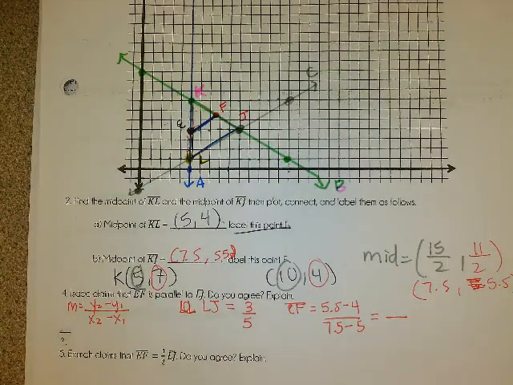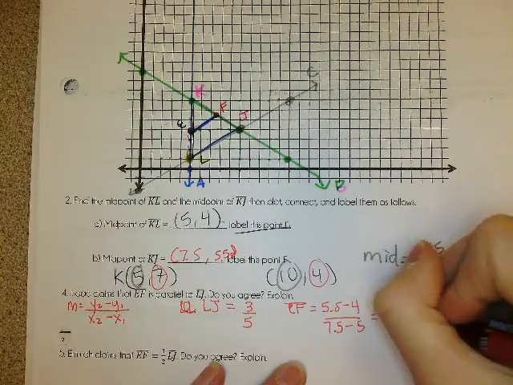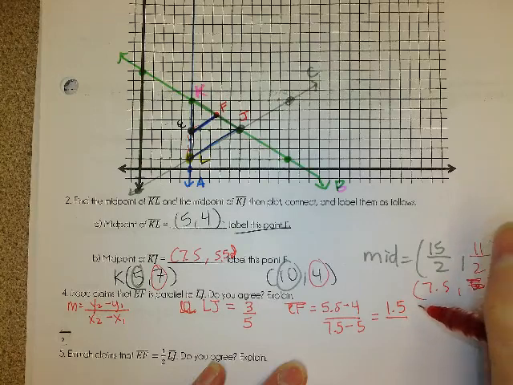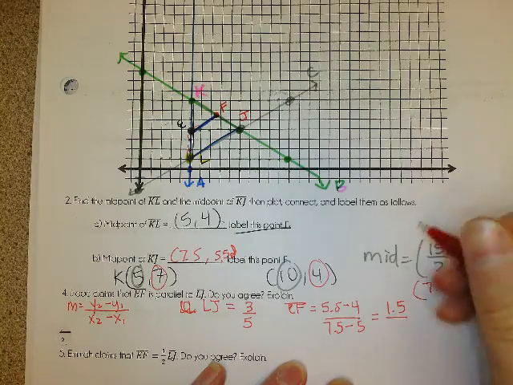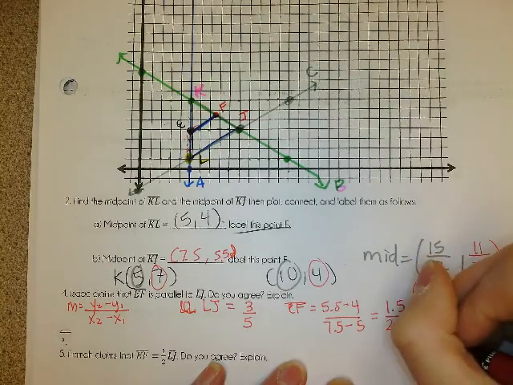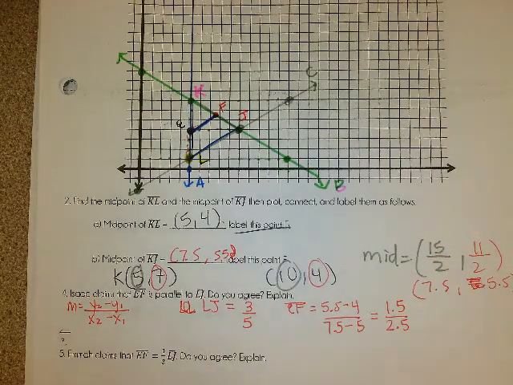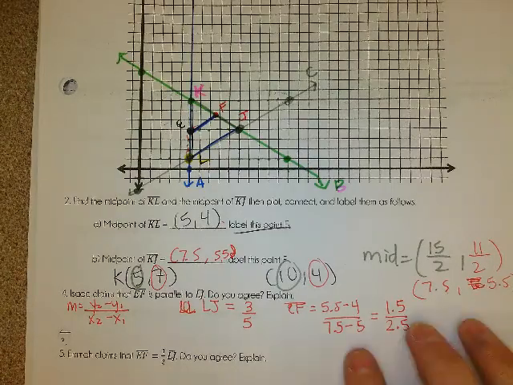Alright, so I've got 5.5 minus 4, which is 1.5, and then 7.5 minus 5, which is 2.5. Alright, so make sure you're not thinking, wait, that's not the same. Remember, we're trying to prove that these slopes are the same because parallel lines have the same slope.